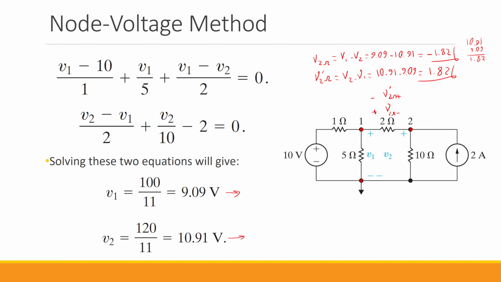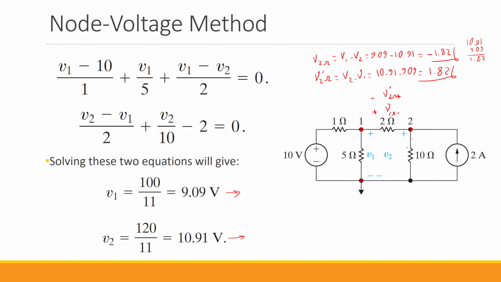So as you can see, depending on the polarity that we define, following the passive sign convention, we practically get the same result, right? Having V2 ohm in this polarity equals having V2 ohm prime in a reverse polarity. When we chose the polarity the other way, we ended up having a negative value for the voltage. So nothing has changed.